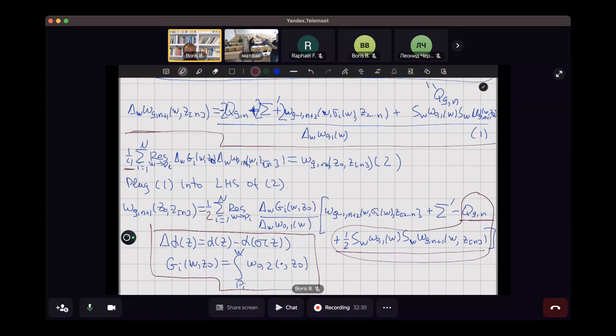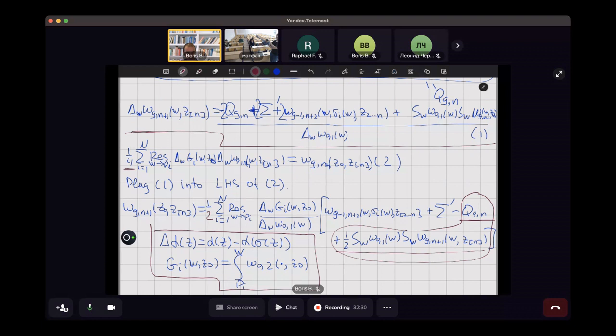At first, the numerator. This G has a simple zero, and delta of G also has a simple zero.